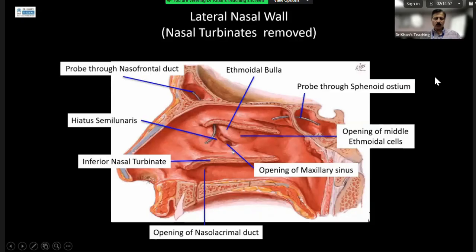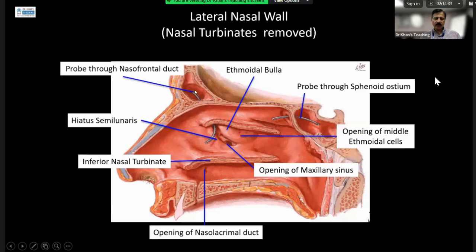And this lateral wall is the key thing to learn, because on the lateral wall are key landmarks. One of them is this semilunar groove, which is known as hiatus semilunaris. This is a groove, and in this are various openings.